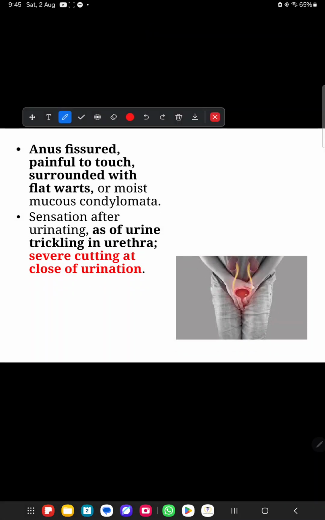Anus fissure painful to touch, surrounded with flat warts or moist mucous condylomata. Suppose the patient comes to you with so much pain, then only we can think about this medicine, but there should be flat warts. But we can correlate this point if the patient has an anal fissure with splinter-like pain, then we can think about nitric acid.